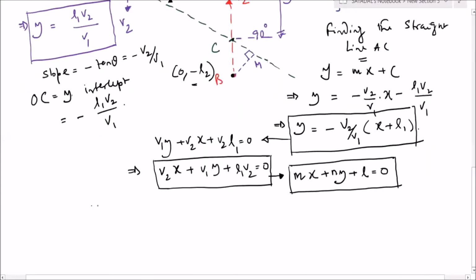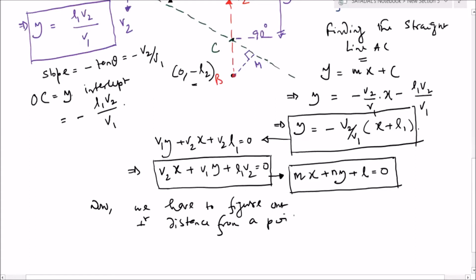So now we have to figure out the perpendicular distance from a point. What is the point? 0, minus L2, to a line. What is the line? v2x plus v1y plus L1 v2 is equal to 0.